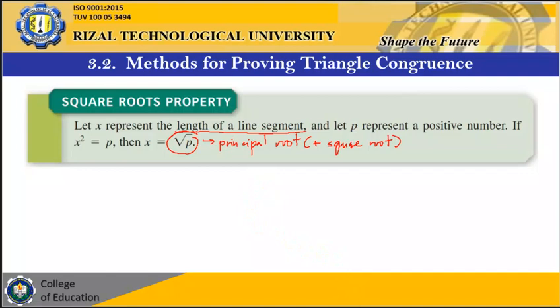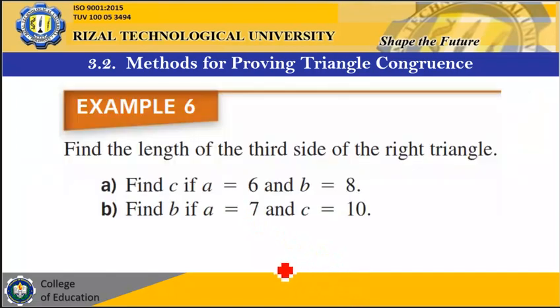Let's have an example. Find the length of the third side of the right triangle. For letter A, find C if A is equal to 6 and B is equal to 8. For letter B, find B if A is equal to 7 and C is equal to 10.